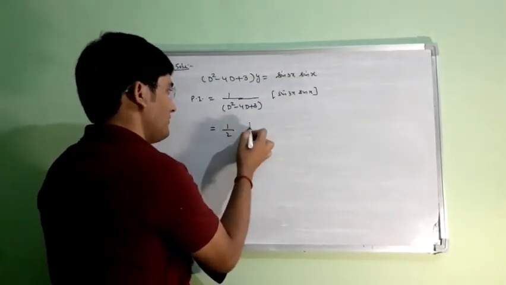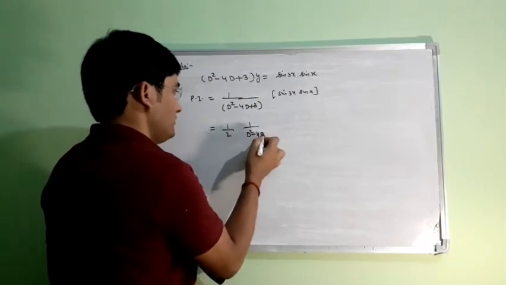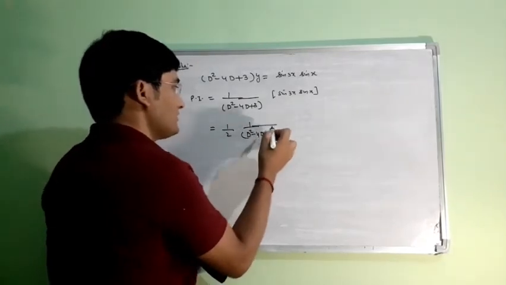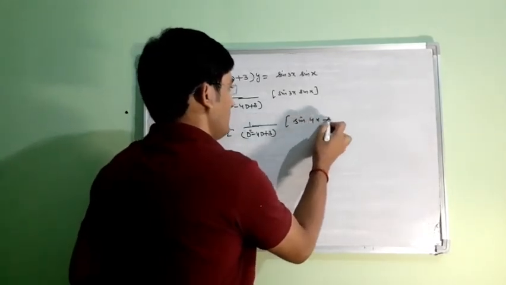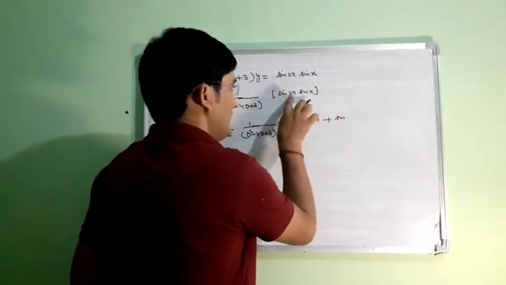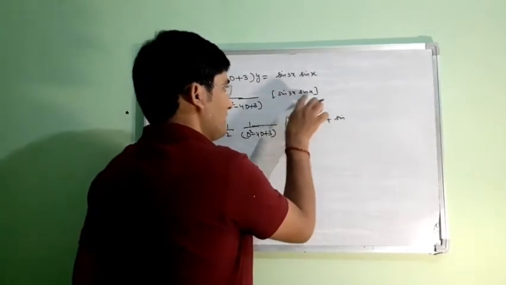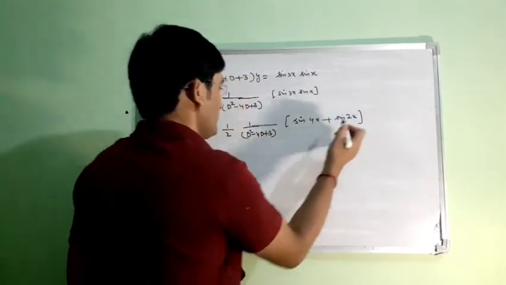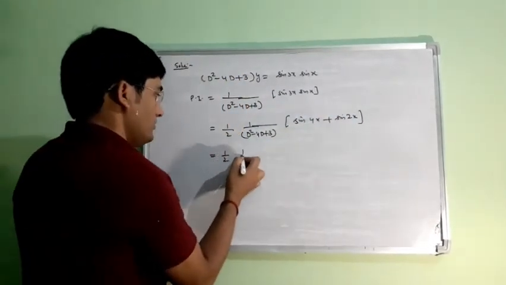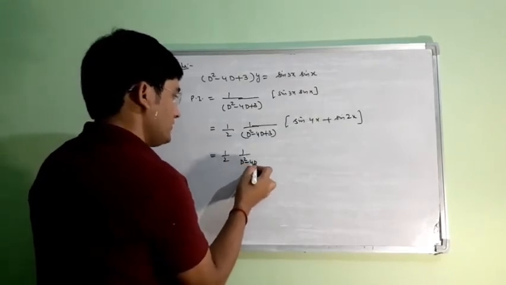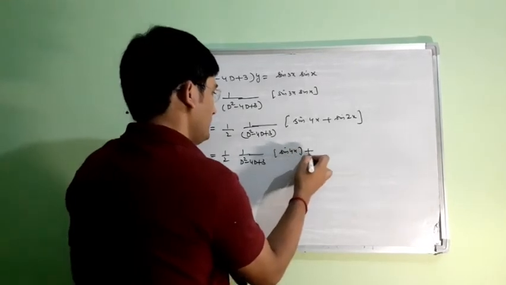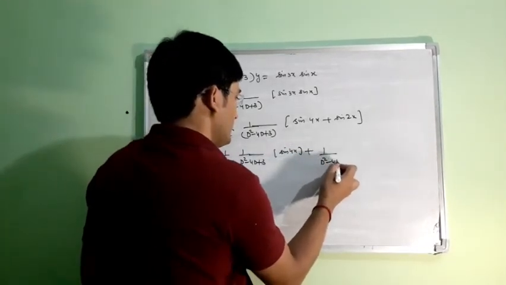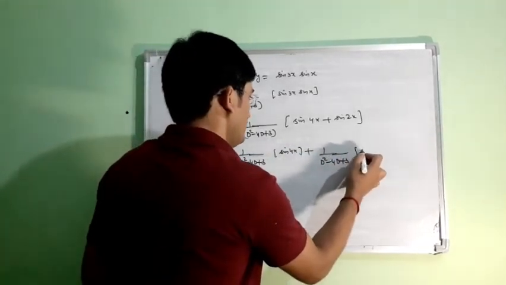And for that we have a formula: sine a into sine b is equal to 1 by 2 times (cos a minus b minus cos a plus b). So a plus b will be 4x and a minus b will be 2x. So this is equal to 1 upon D square minus 4D plus 3 of sine 4x, then 1 upon D square minus 4D plus 3 of sine 2x.